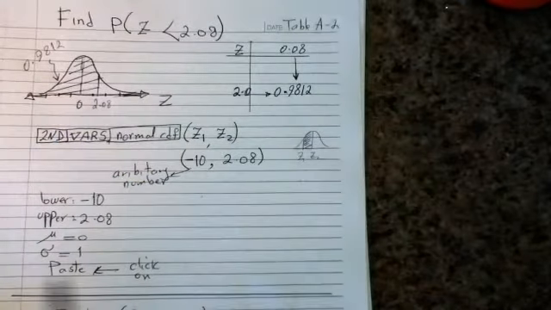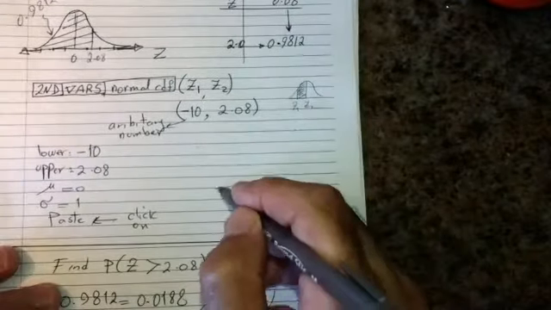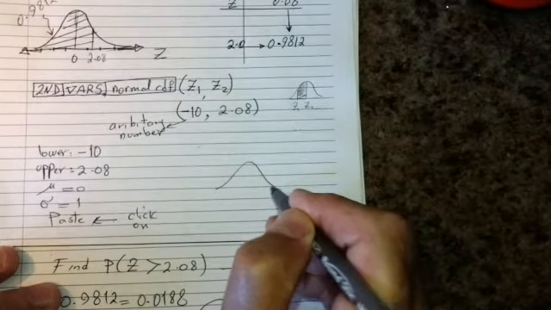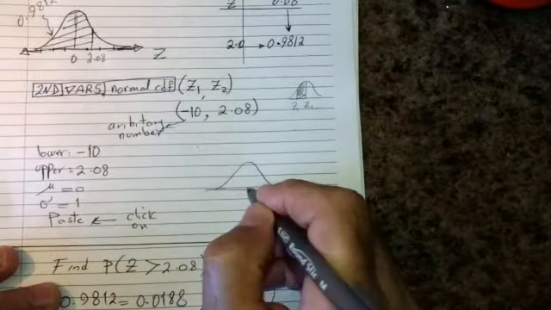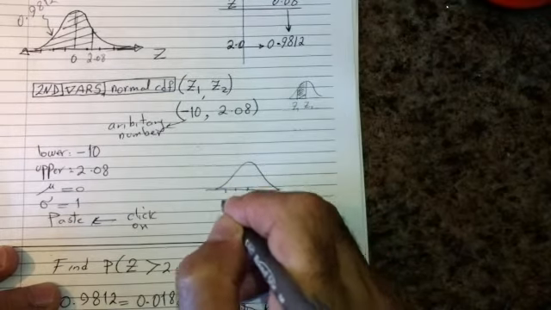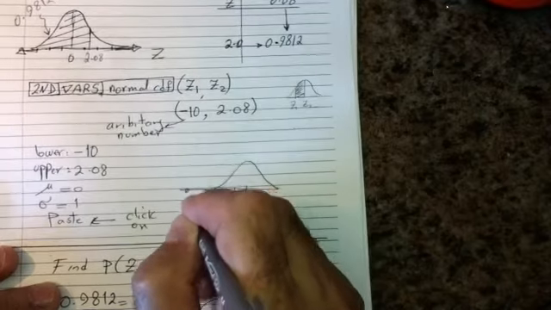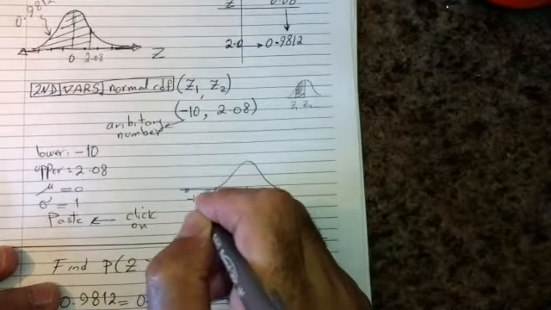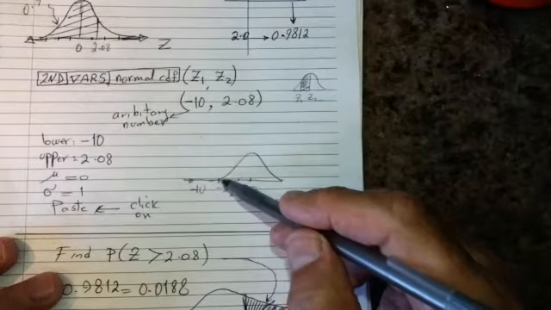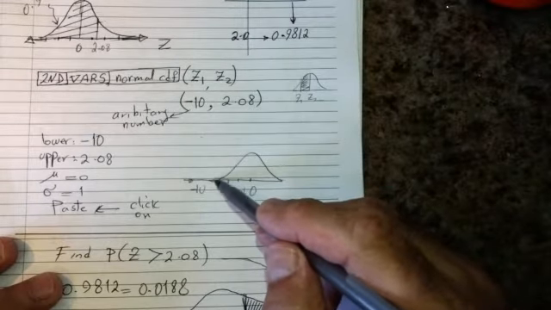But remember, I mentioned that for a standard curve, when you go beyond -3, the graph is almost touching the horizontal axis, okay?